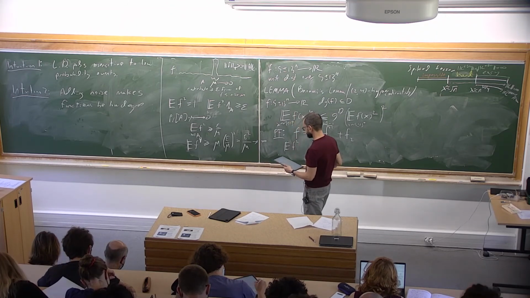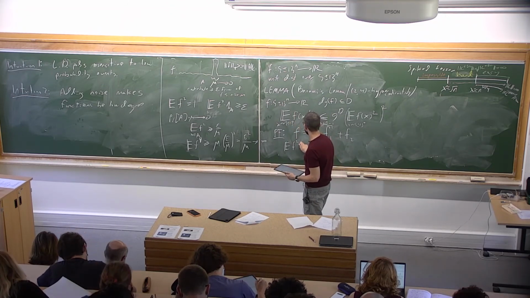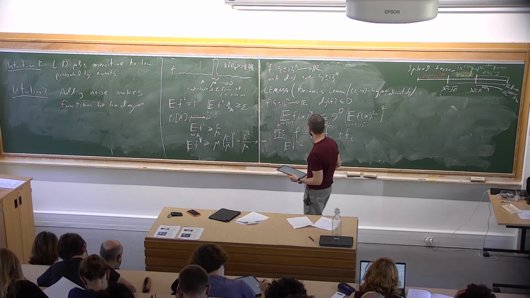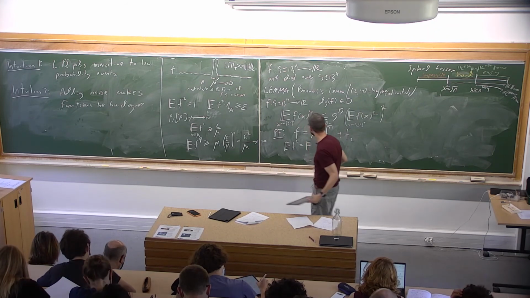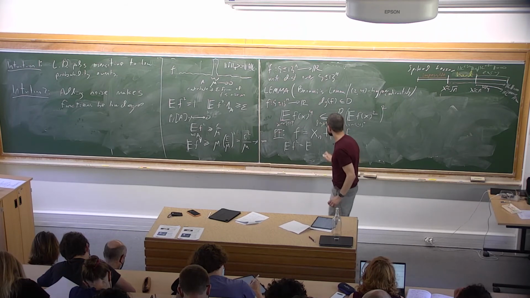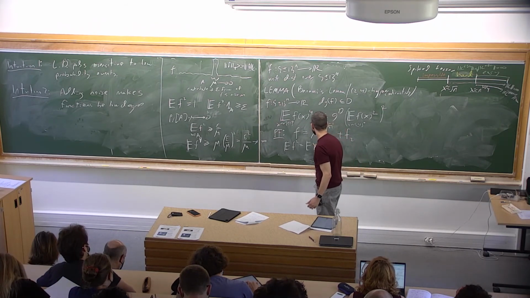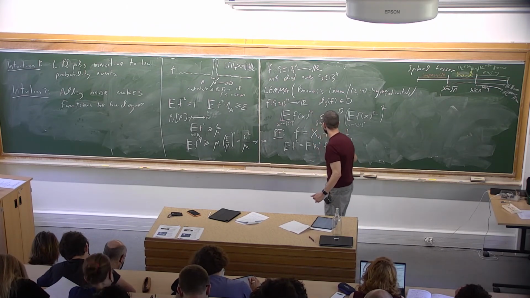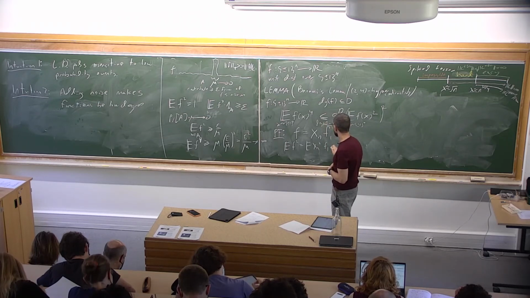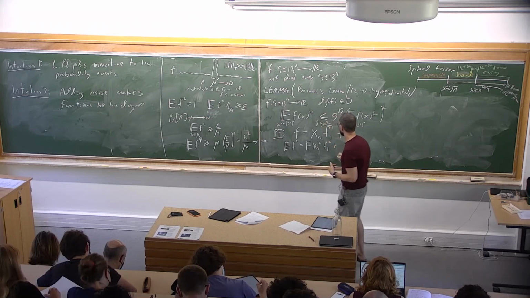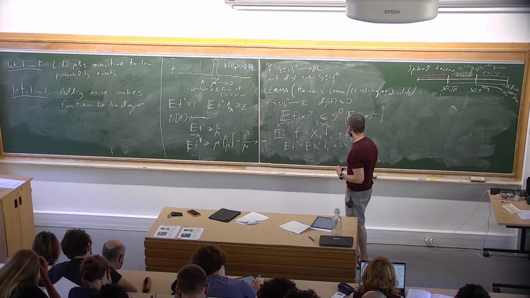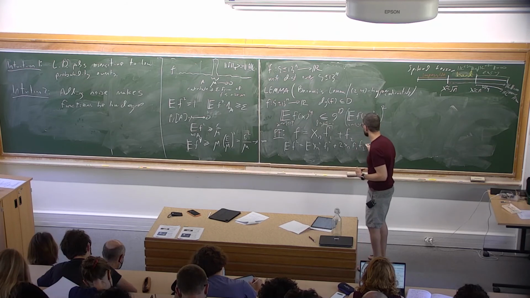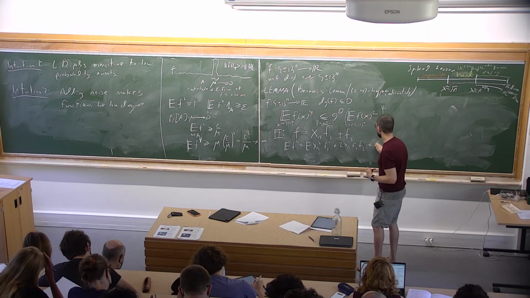It is the expectation of xn squared f1 squared plus 2 xn f1 f2 plus f2 squared.